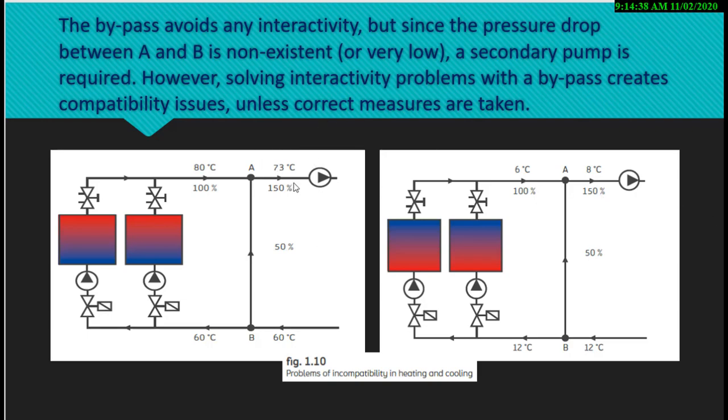The delivery should be 73 instead of the 80 degrees desired, because here is the desired and here is the result. So because of adding the pump, we reach undesired conditions: for cooling 8 degrees and for heating 73 degrees.